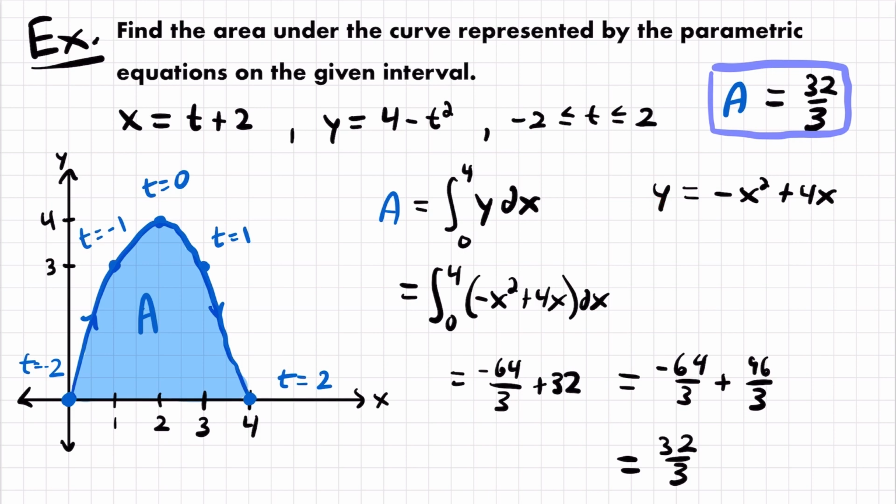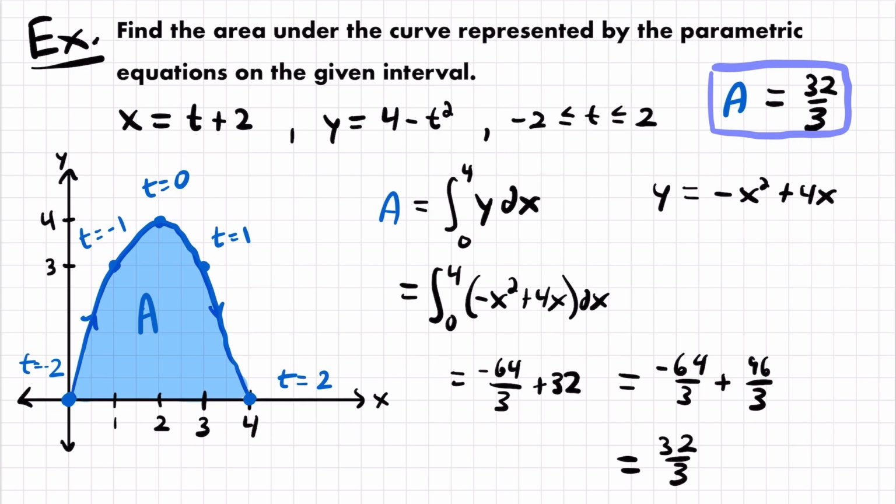What I mean by that is you might end up with some complicated equation where it will be difficult to solve for y, or even when you can solve for y, it may be the case that the resulting rectangular equation is not easily integrated. All right, and so it's in those cases where integrating with respect to t is going to come in handy. And that's particularly going to be the case when you're working with parametric equations that are represented with trig functions.